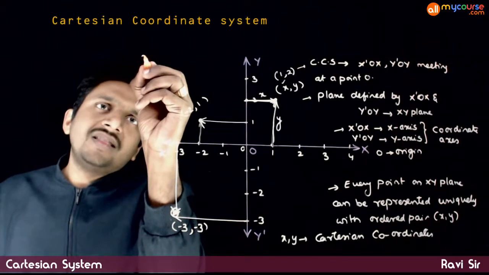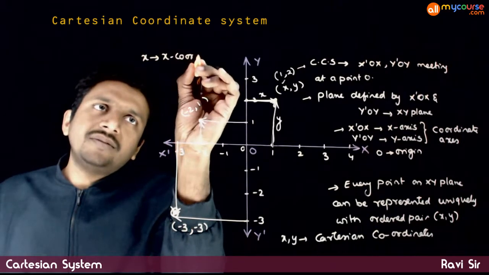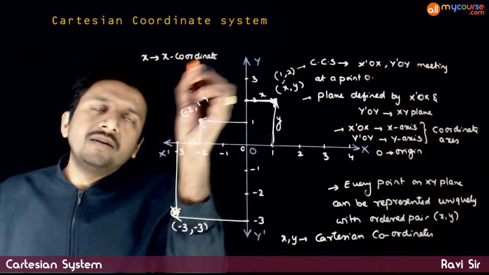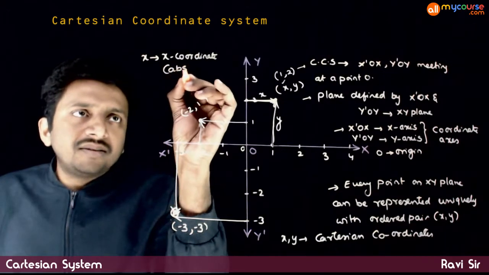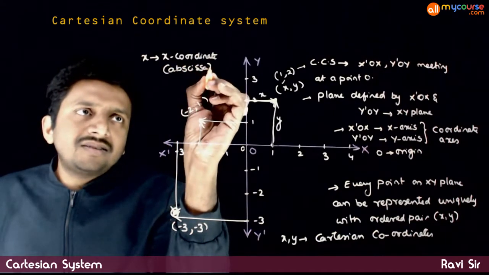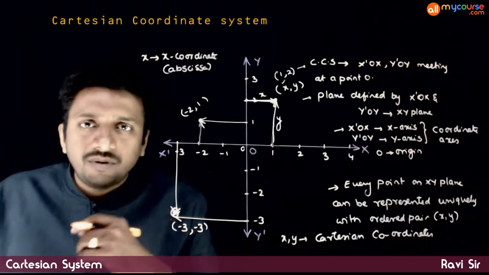So what is the x-coordinate of the point? x is called the x-coordinate, or is also called abscissa. This is a common name. What is the abscissa of a point? That means, what is the x-coordinate of a point?